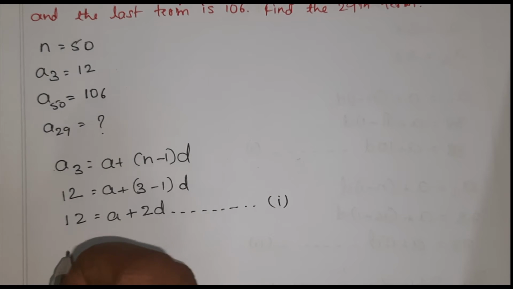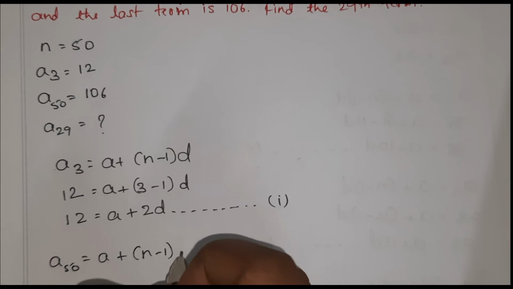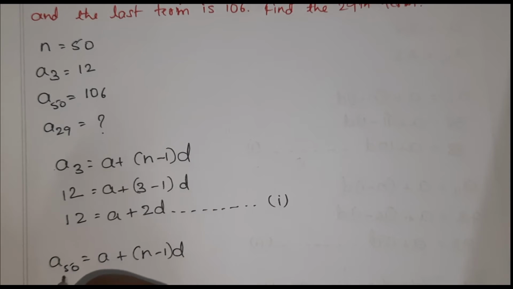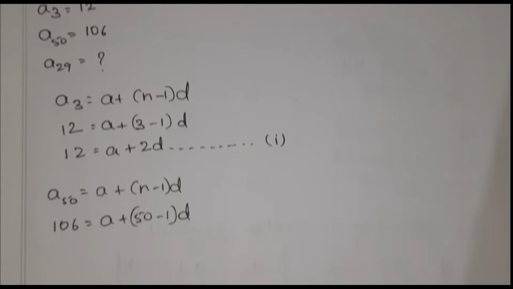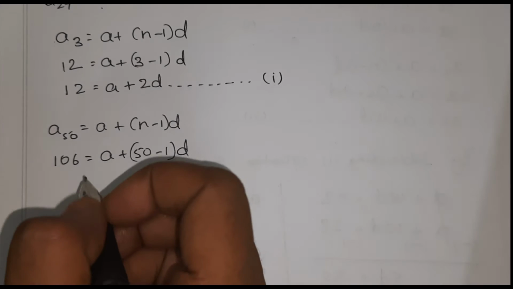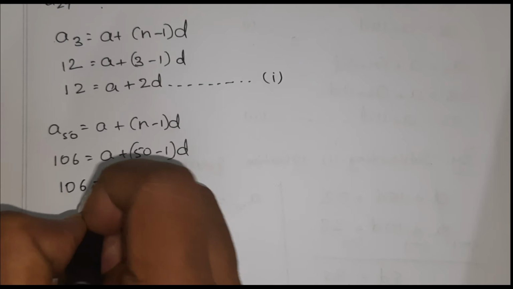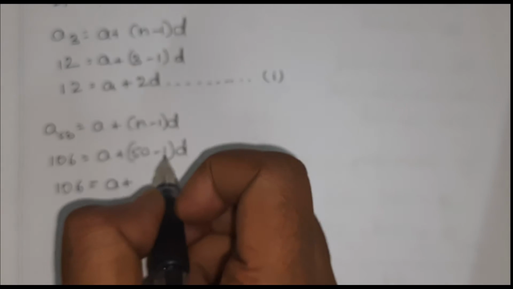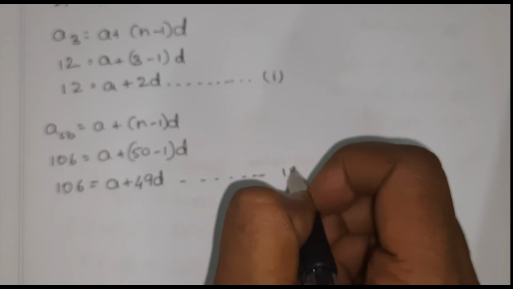Our second equation will be A50 equals A plus n minus 1 into D. A50 is 106, A plus n is 50 minus 1 into D. Then 106 equals A plus 50 minus 1, it is 49 into D. This is our second equation.